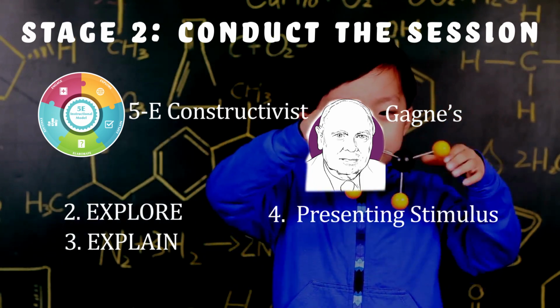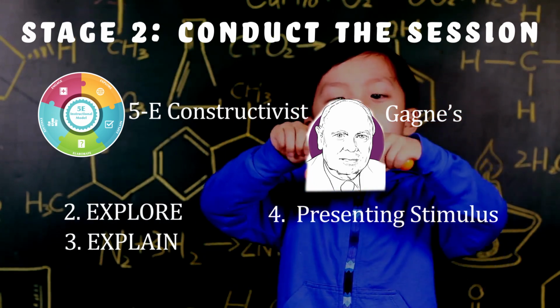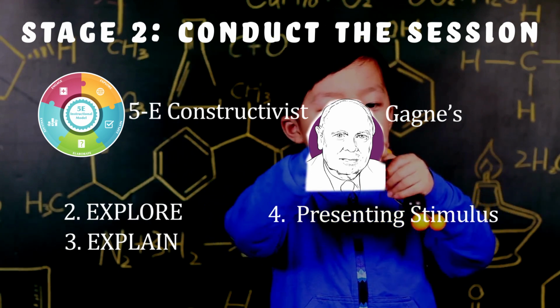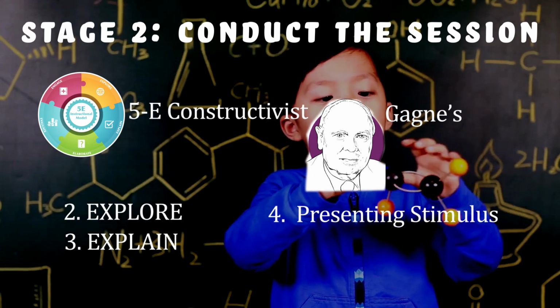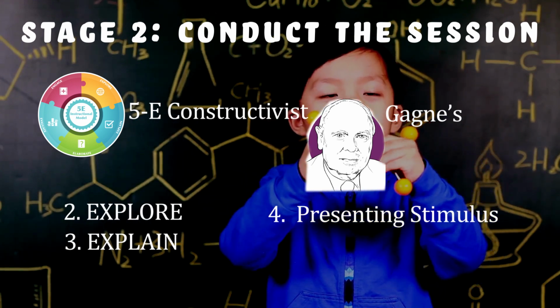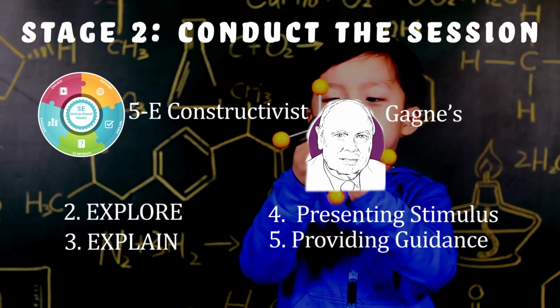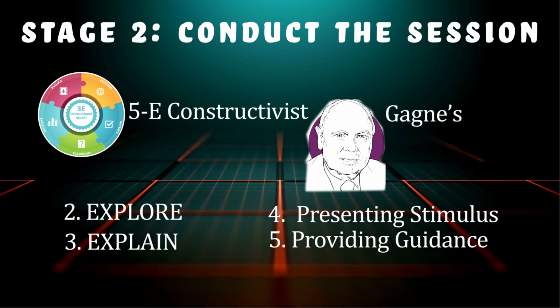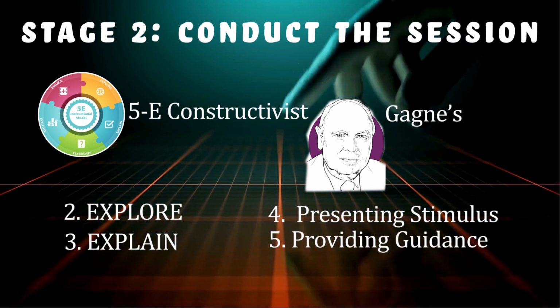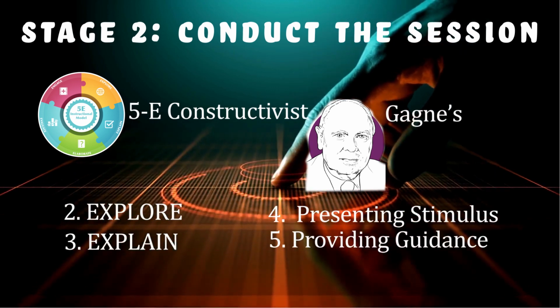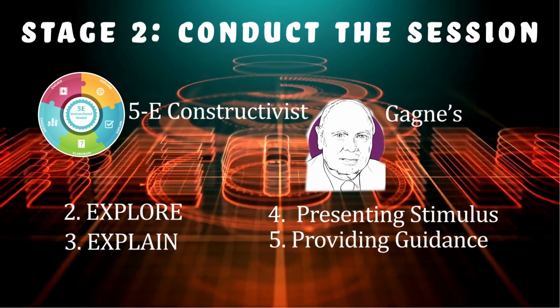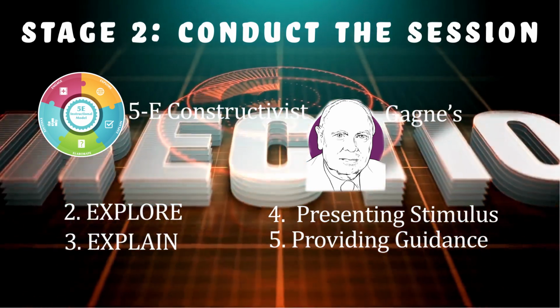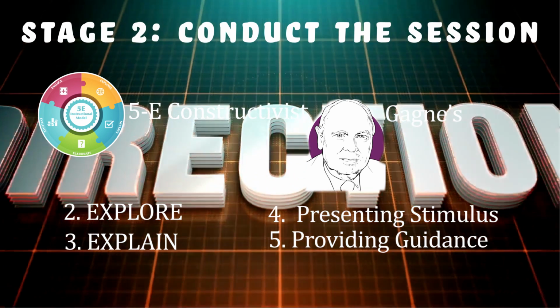This could be an activity or a learning task that will help them discover the intended content and skills of the module. Then, they can proceed to step 5, which is providing learning guidance. As the student performs the previous step, the module should be able to provide learning guidance to the student to finish the task and to discover the desired concepts and competencies.